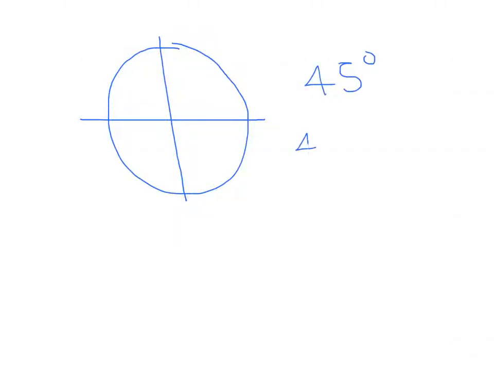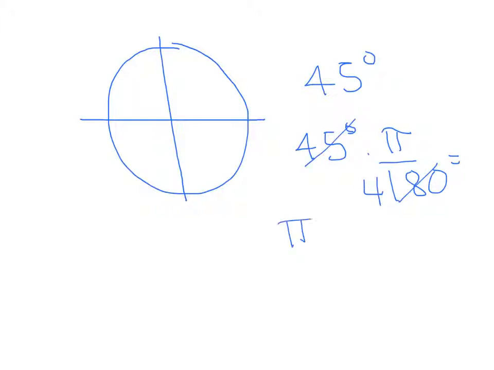If I did the math and used my conversion factor of multiplying by pi over 180, I will get that 45 degrees is equal to pi over 4. So that would be right about here, pi over 4.